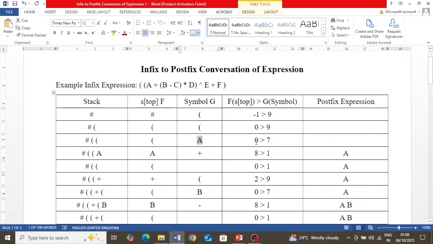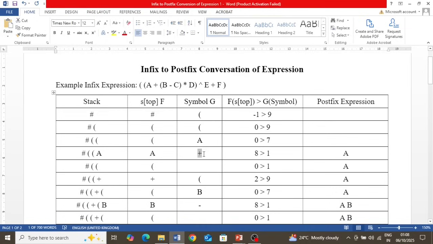Is 0 greater than 7? No. Again we apply the second step, that is, we push a into the stack body. The top of the stack is now a, so we write a in the top of the stack column. The next input symbol is plus, so we write plus here. Compare between the values of a and plus.